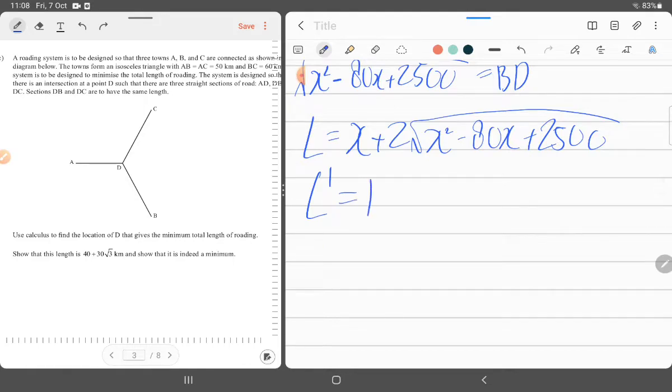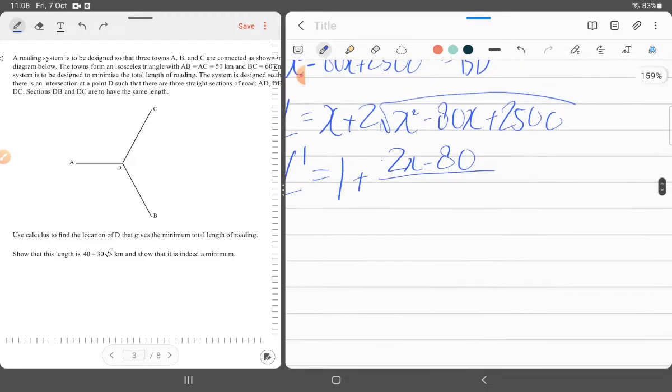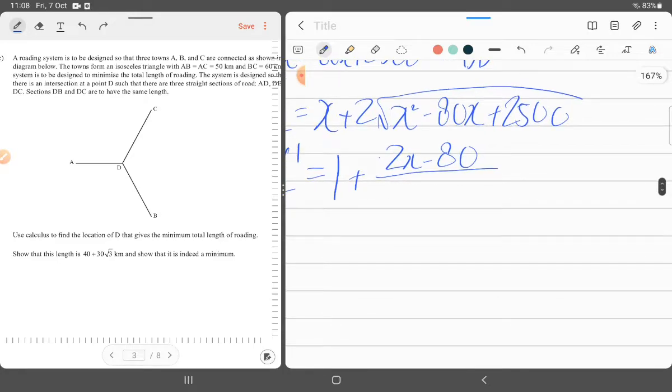This is equal to 1 plus, that's 0.5, so that's half. Then that cancels out, so 2x take away 80 all over. That's how chain rule works. I forgot.